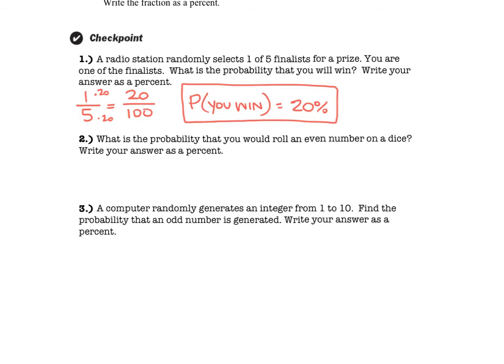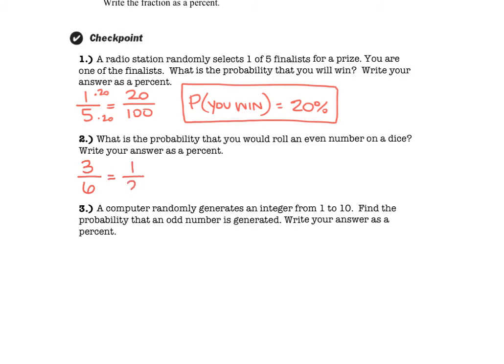Now let's try number 2. What is the probability that you will roll an even number on a dice? Remember, a dice has 6 sides, so there are 6 possible outcomes, the numbers 1 through 6, and there would be 3 even numbers: 2, 4, and 6. At this point you might be thinking, 6 doesn't multiply to 100 with a whole number. So this is easy.